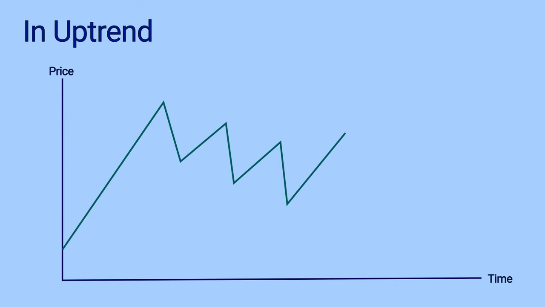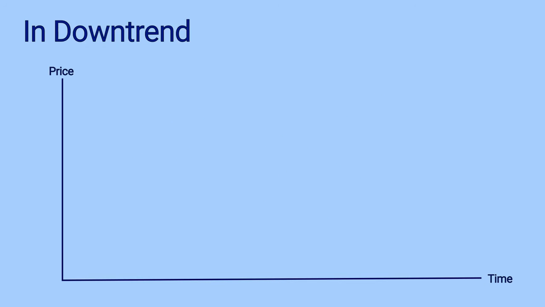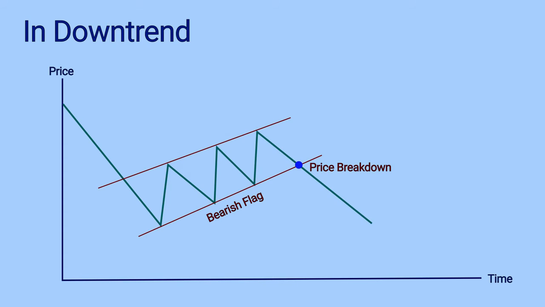After a certain point of time, if the buying pressure increases, the price breaks out and the up move resumes. Similarly for a down move, after a certain down move there is a balance between buying and selling pressure, and when the selling pressure again goes above the buying pressure, the stock falls after the breakdown.